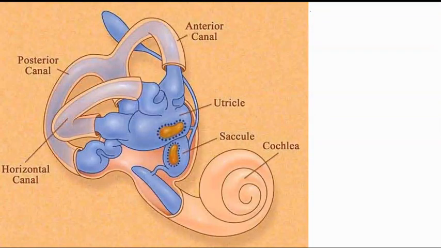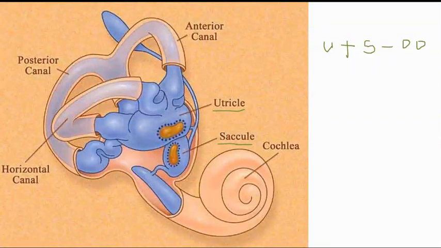So here in this diagram you can notice, this is the utricle here, and this is the saccule. Utricle plus saccule together is called the otolith organ.